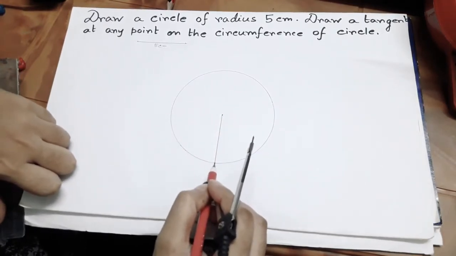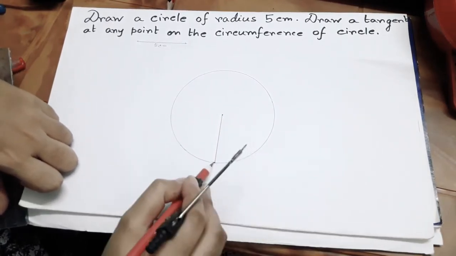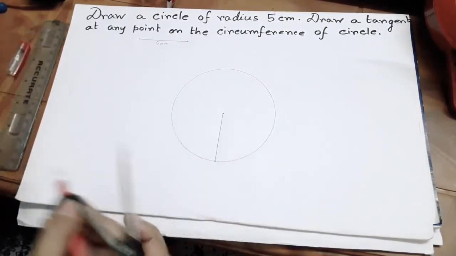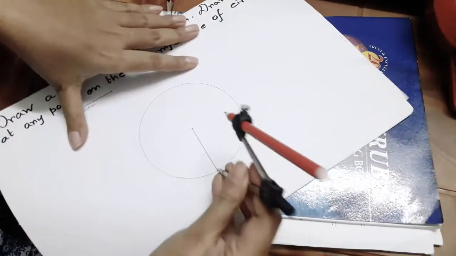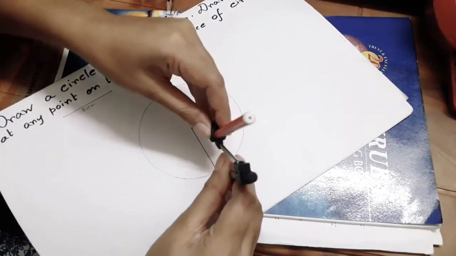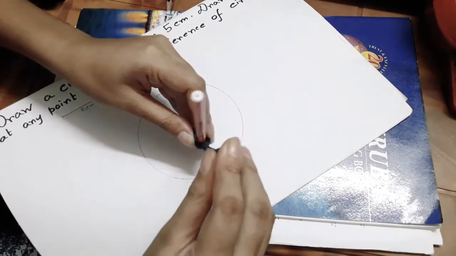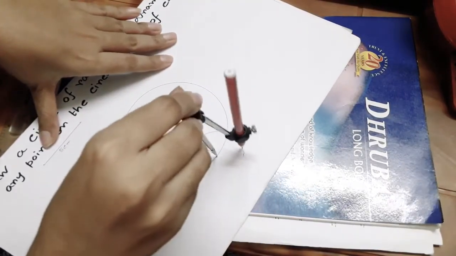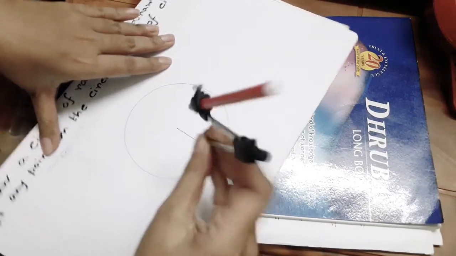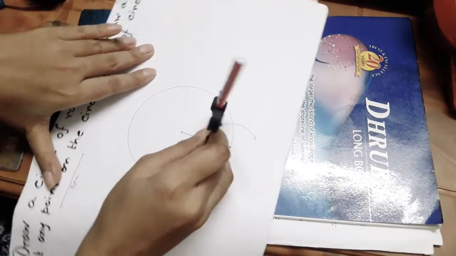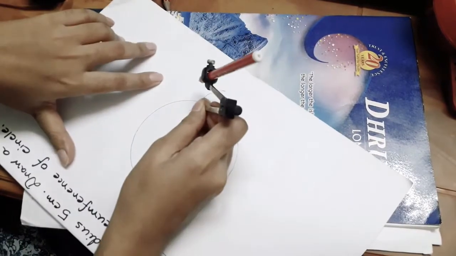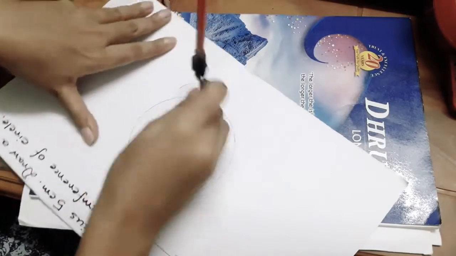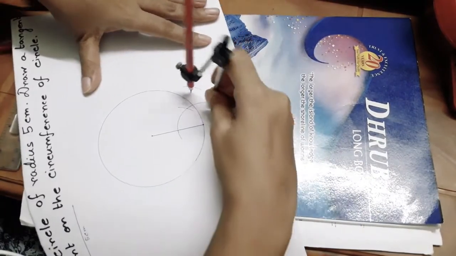So I have to draw one perpendicular at this point on this radius. So how will I draw that? You know already how to draw 90 degree, just like that. So first take an arc, then draw 60 degree, 120 degree. Now just bisect this one.